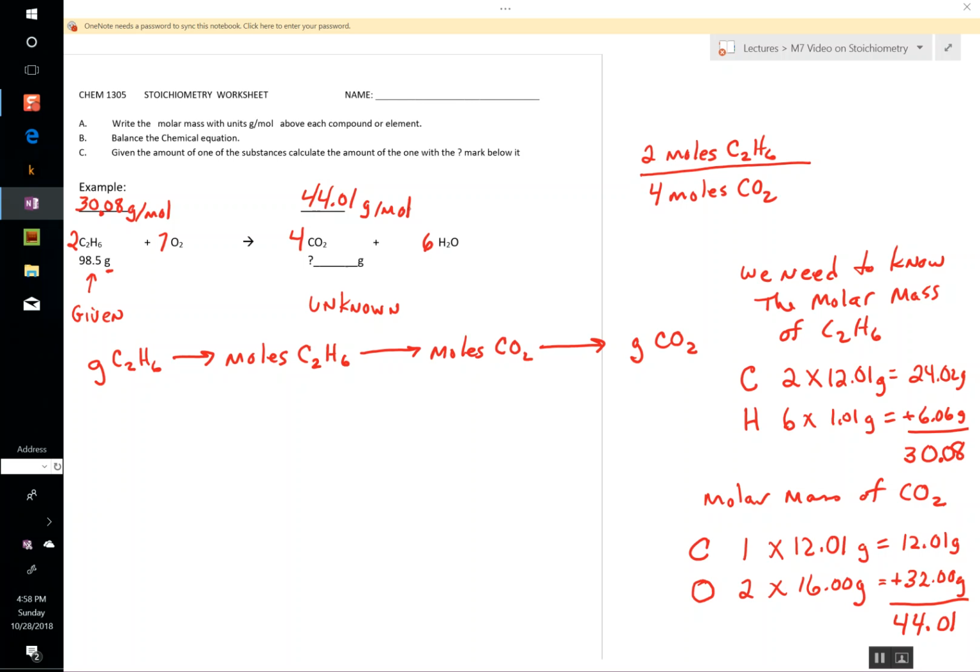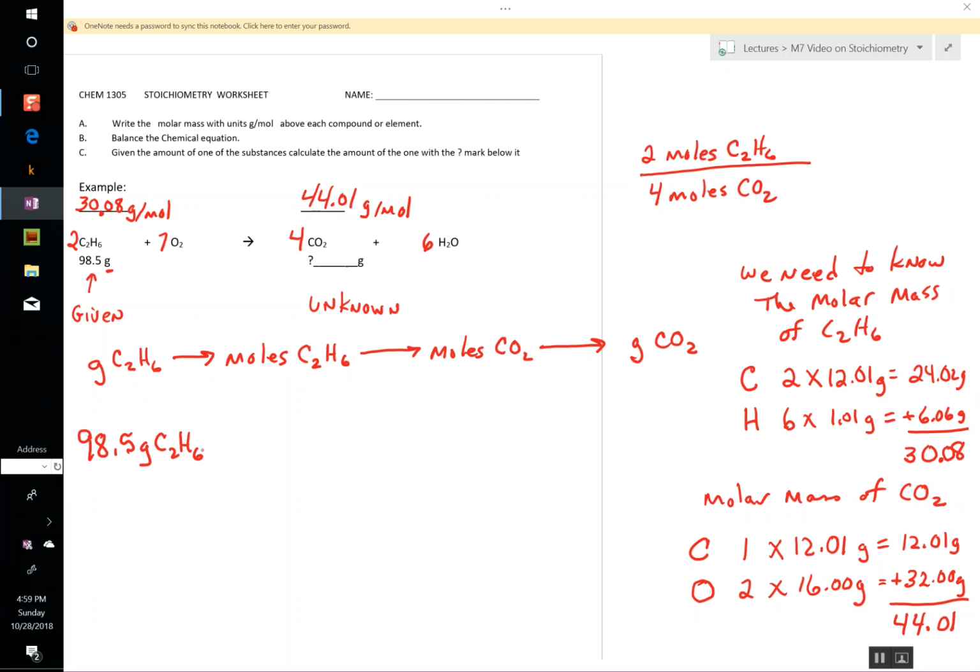It's just saying if we had 98.5 grams of C2H6, how many grams of CO2 would be produced? We could ask all those other questions. How much oxygen would it take? How much water would come out? But that's not this particular problem. So we start these problems with what we are given. And you can see I don't cut any corners.